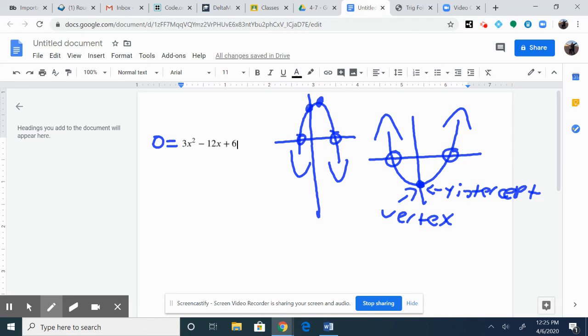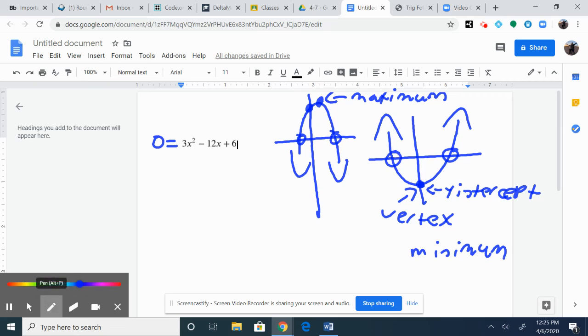We also call this the maximum if it's on the top, or we call it the minimum if it's on the bottom.